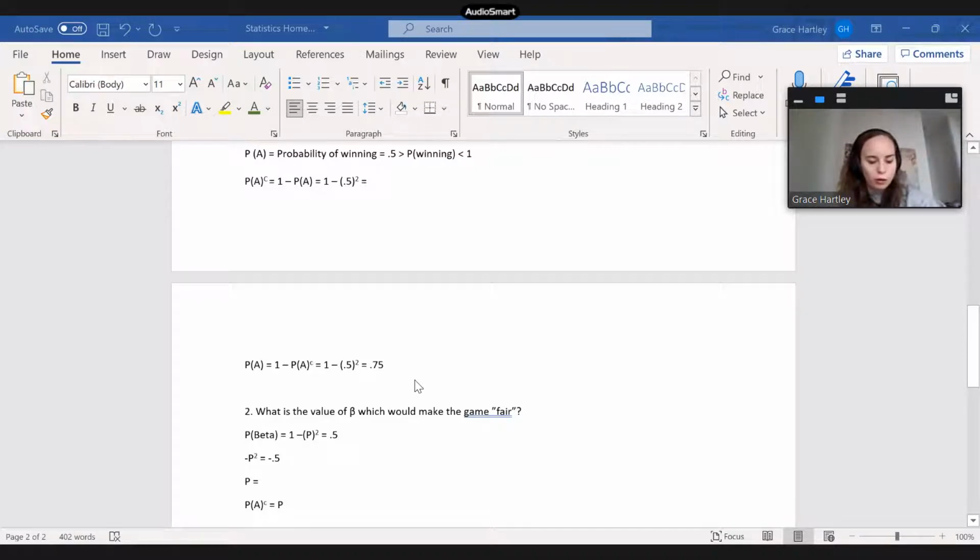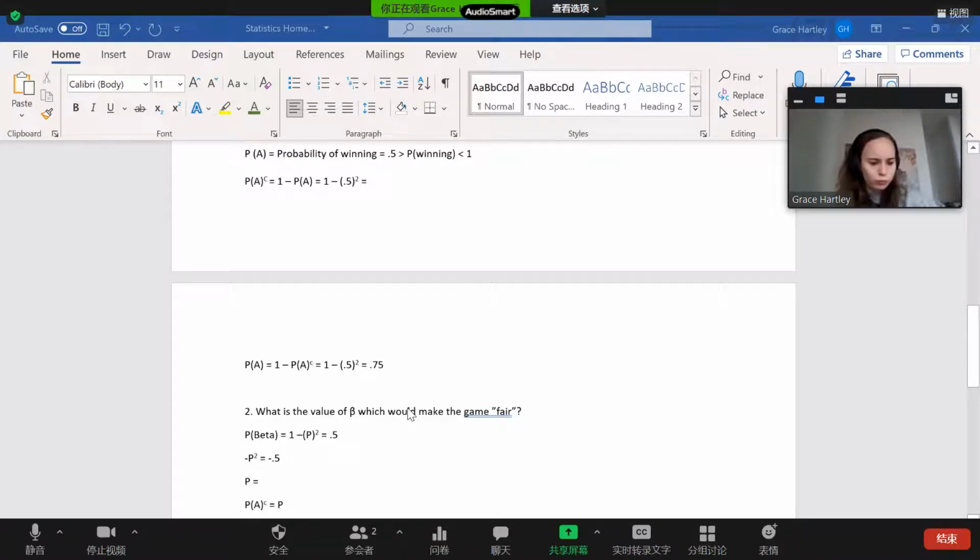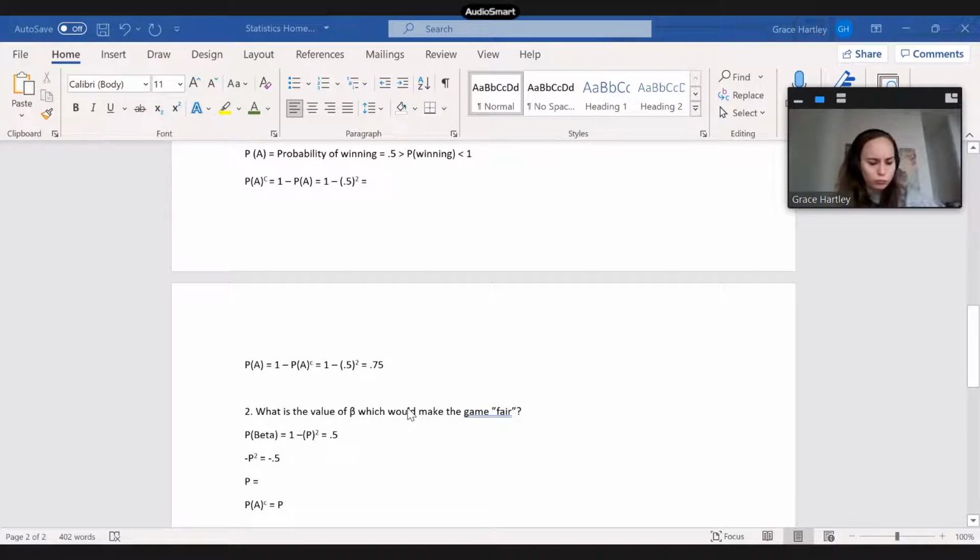Oh, 0.5 equals, just kidding. Why are you not working? Maybe not. Okay, I'll solve that later. Yeah, 0.7 something. Well, I can do that. Yeah, it's easy.